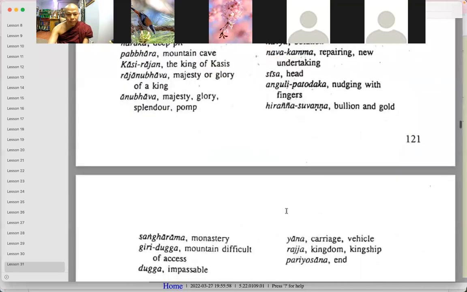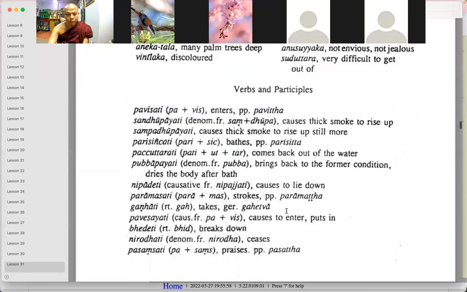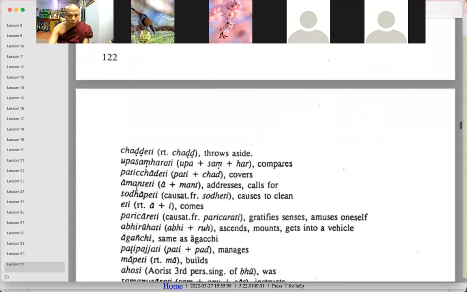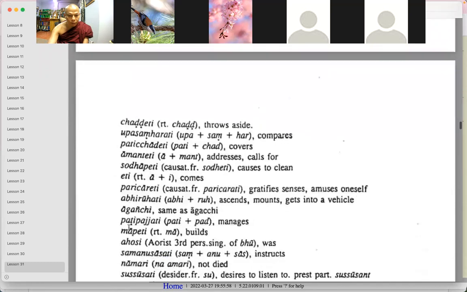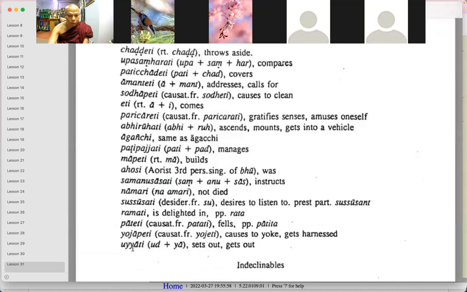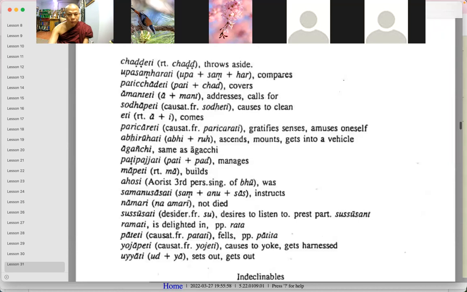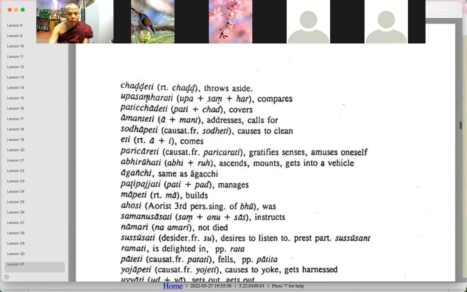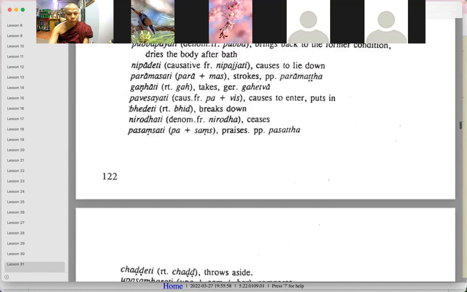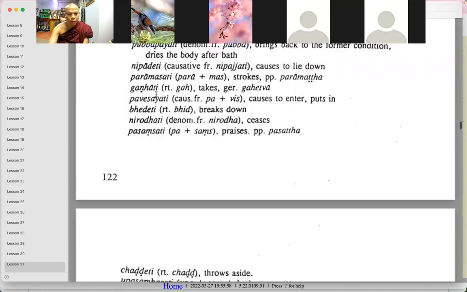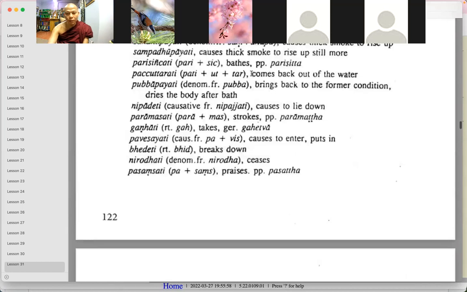Bicho derati: comes back out of water. Taradi means cross over, but udradi means cross up over.